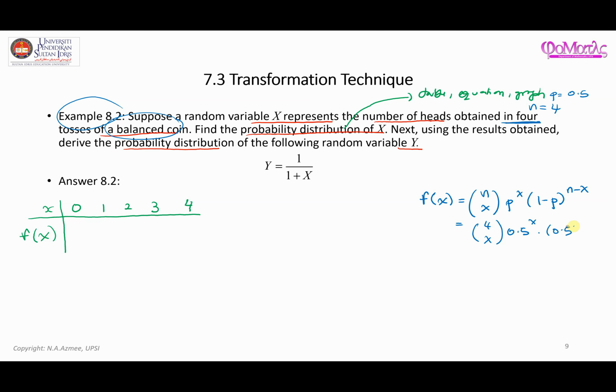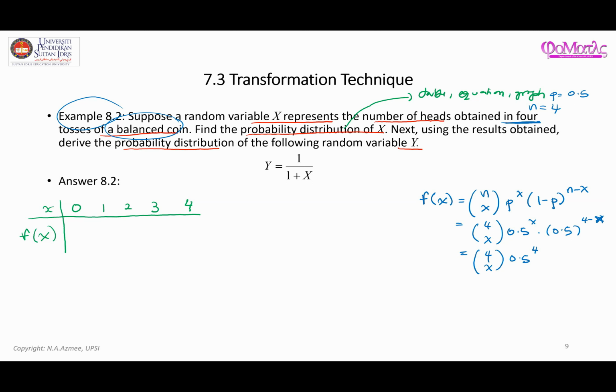Also 0.5. n minus x is 4 minus x. Next, we can combine the two 0.5 terms, so it becomes 0.5, and the exponent is x plus 4 minus x, which is just to the power of 4. This is the simplest form.